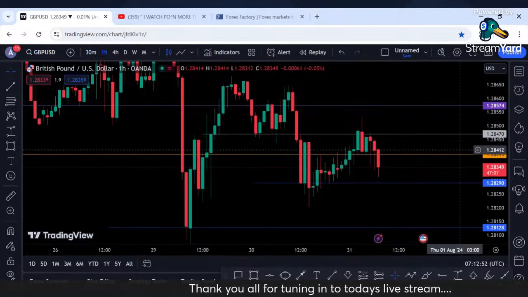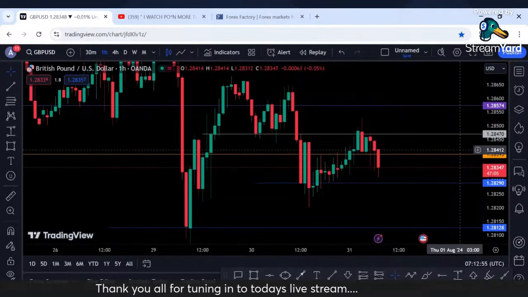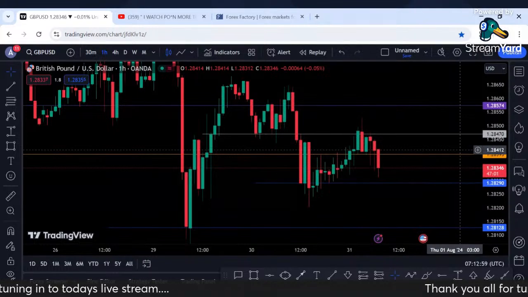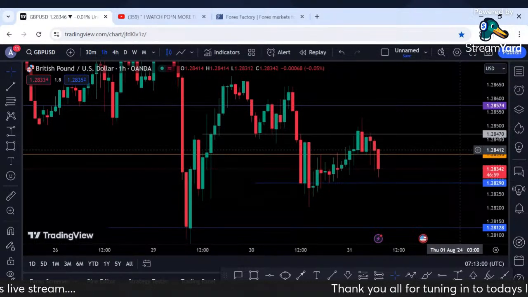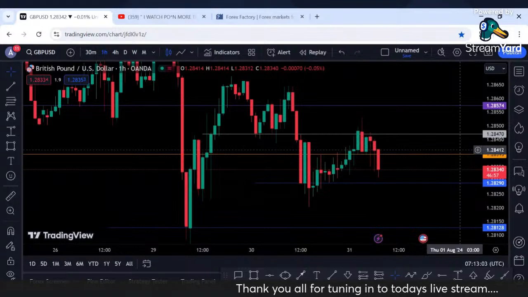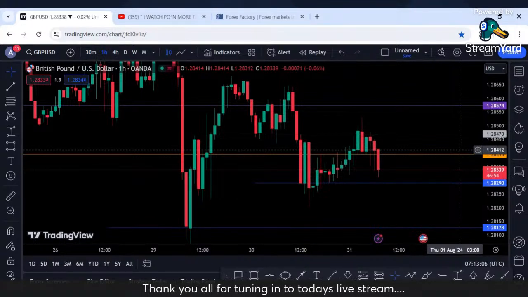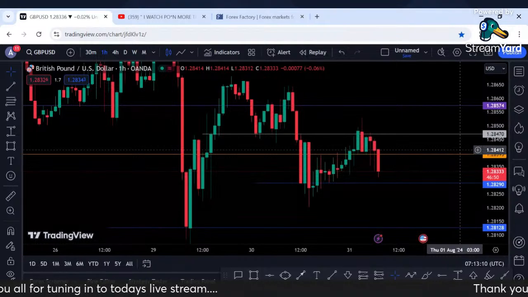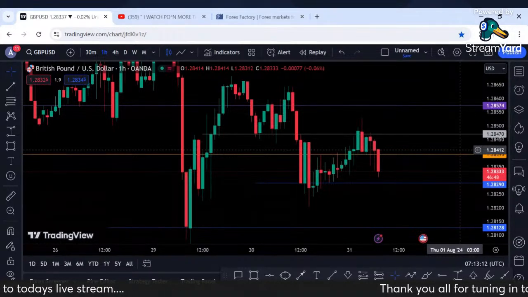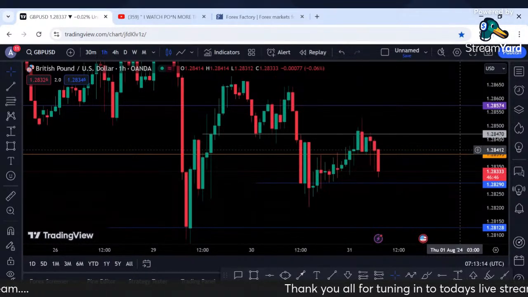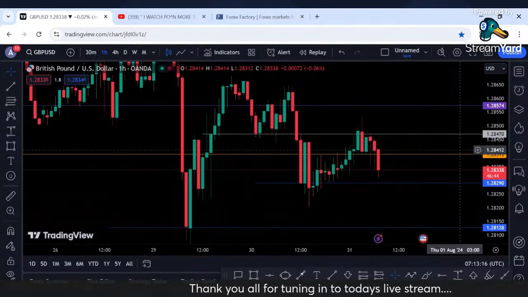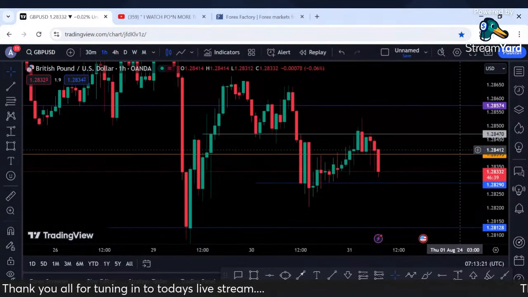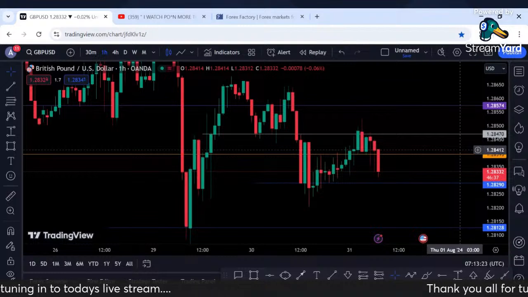Anytime that you are doing your analysis, you have to make sure you are doing top-down analysis. When you talk about top-down analysis, you are trying to figure out what those time frames are doing. What is the monthly time frame doing? What is the weekly time frame doing? What is the daily time frame doing? Most important, you are trying to check whether they are moving in the same direction or opposite to each other.